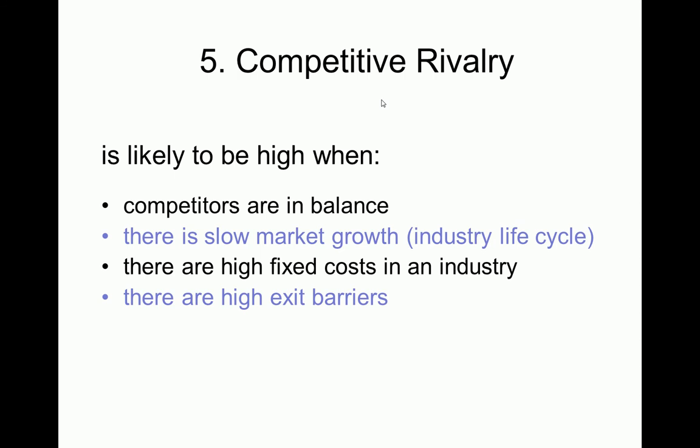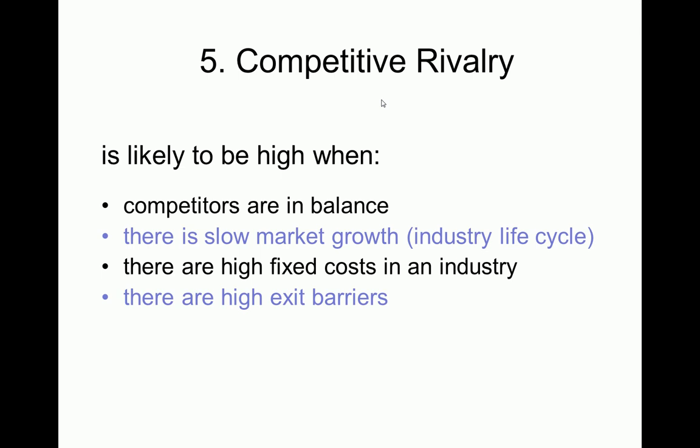If there are high exit barriers, so it's very difficult to get out of an industry, and again, an industry like the car industry is a good example, there is not much value in a second-hand car manufacturing plant, particularly at a time when there's a crisis on and nobody wants that extra volume. So if it's going to cost a lot of money, or maybe if there's going to be a high political cost, if a big firm closes down, there's high unemployment, then that has high political costs.